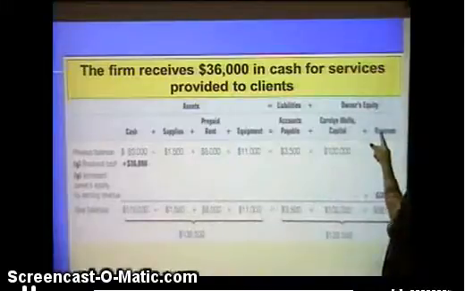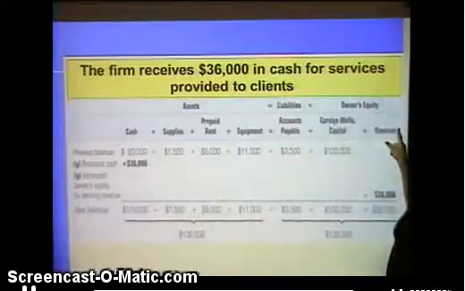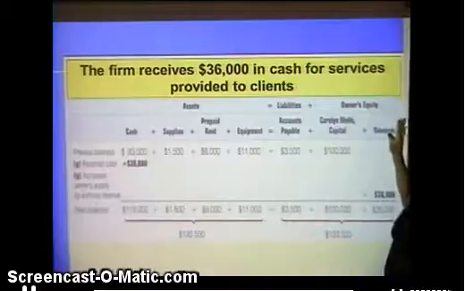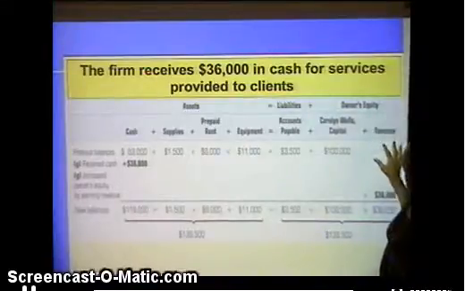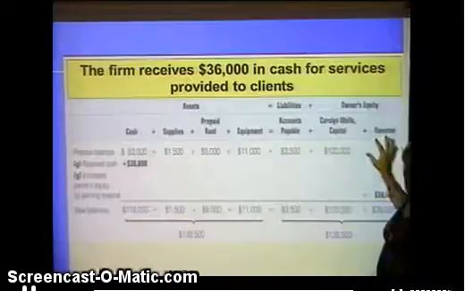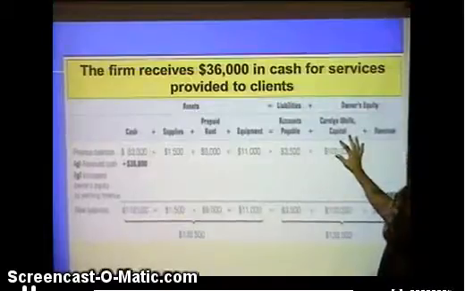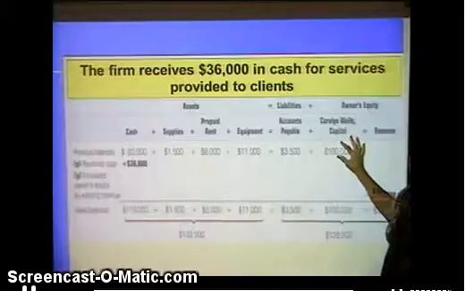Everything that went out as expenses also shows up in a separate section, as a reduction in revenue, right? Then at the end of the month, we take our revenue, subtract our expenses, and whatever we had as net income, we can put into the capital account, the difference between the revenue and the expenses.